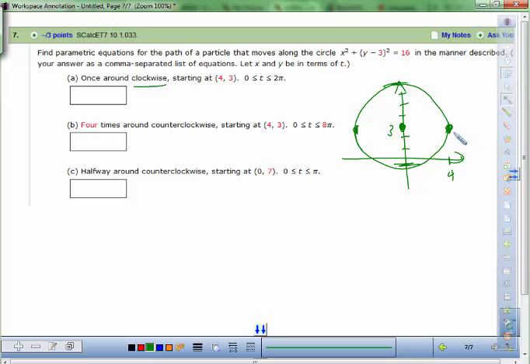So our standard circle is cosine t, sine t. All right. So the shifting up 3 units just means along the y, I would add 3 units to it. So I would just add 3 to the y.